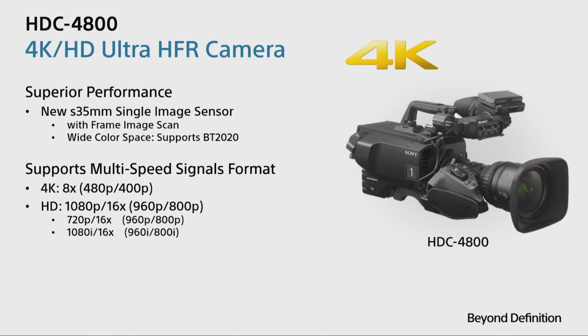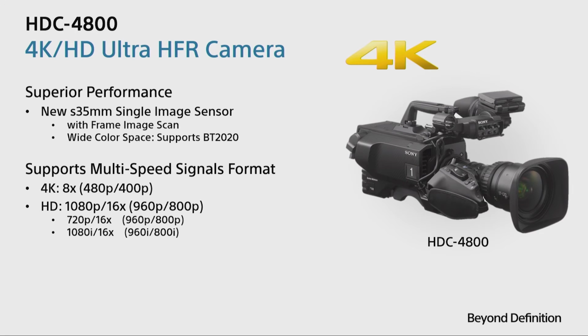At this past NAB, we also introduced our HDC 4800, and this is our ultra high frame rate camera, also HDR capable, but this camera leverages a Super 35mm image sensor that can also output 4K up to 8 times.